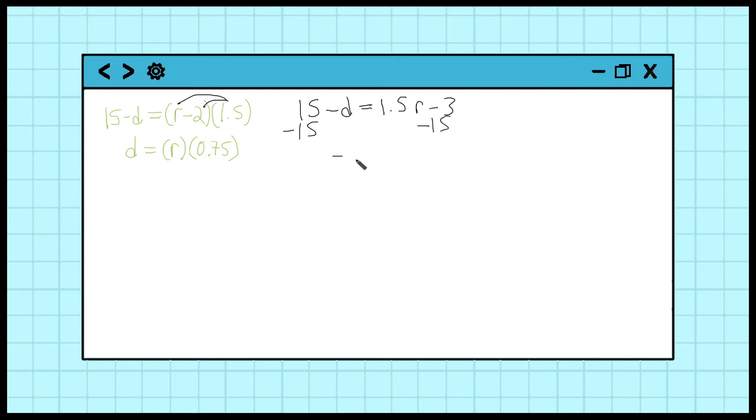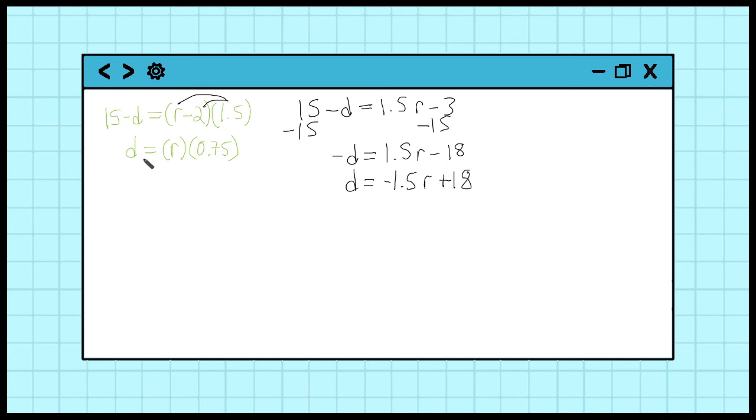That gives me negative d, notice that there's a negative here, is equal to 1.5r minus 18. And then to finish getting d by itself, we're going to multiply or divide through by negative 1, which essentially means we just change the signs all the way through. So now we know that the first equation is really d equals negative 1.5r plus 18.